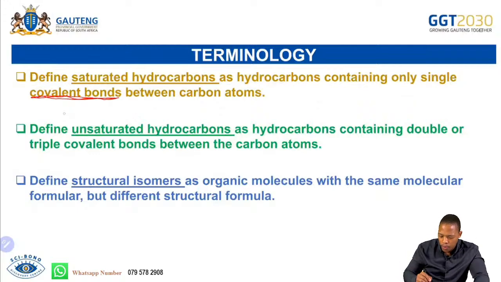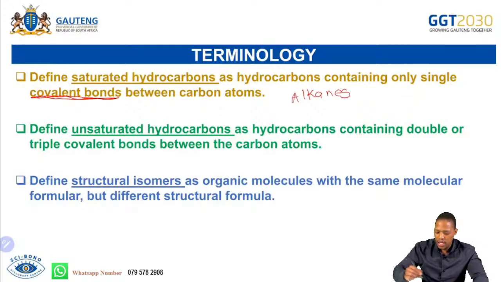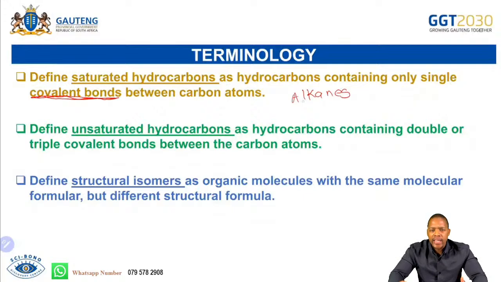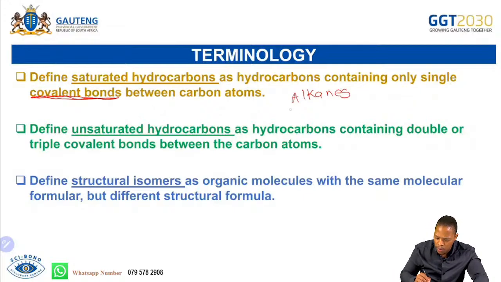And if we're going to put it simply, for our level, grade 12, saturated hydrocarbons are alkanes. Alkanes are the only hydrocarbons that have single covalent bonds. So alkanes are saturated hydrocarbons. So when someone is asking you about saturated hydrocarbons, you should be thinking of an alkane. This is just a shortcut way of thinking about it.